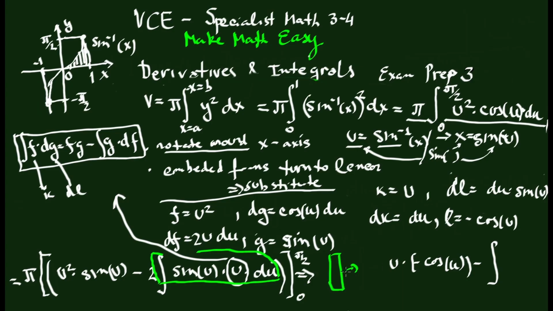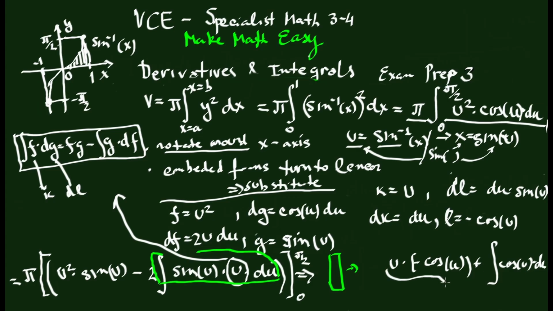Integral of, so now instead of k we have dk. Sorry, this is du, and instead of dl we have l. This is minus cosine of u, therefore plus cosine of u.